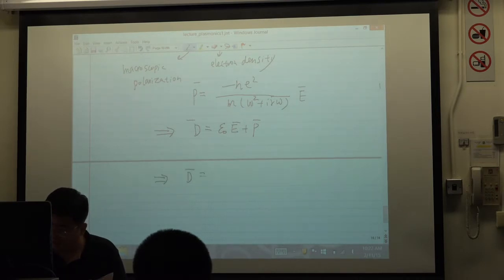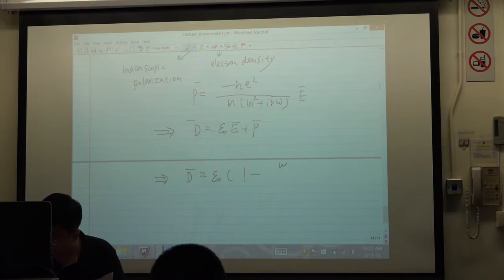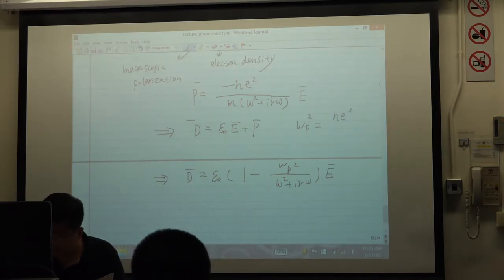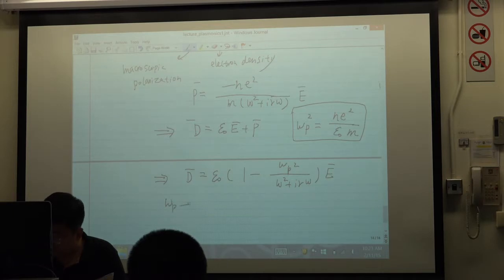So D just equals epsilon times (1 minus omega P squared over omega squared plus I gamma omega) E. Here omega P, which we call the plasma frequency, equals N E squared over epsilon 0 M. This is a very important equation.